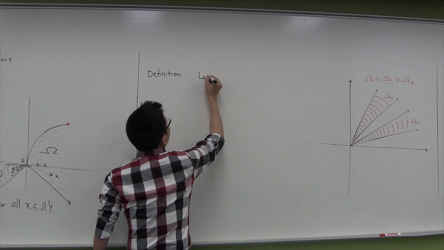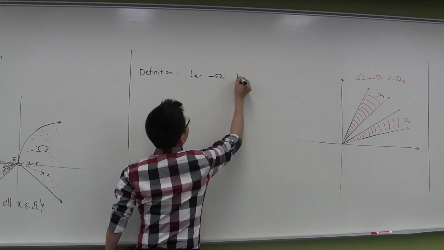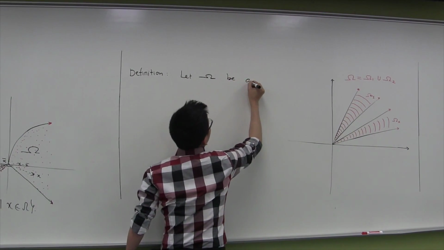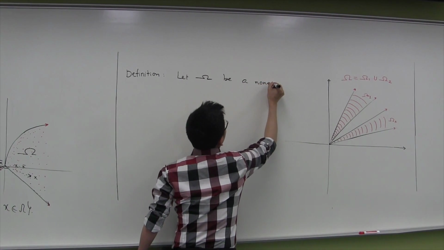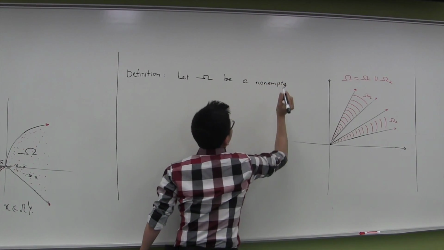Now let omega be a non-empty subset of R^n.